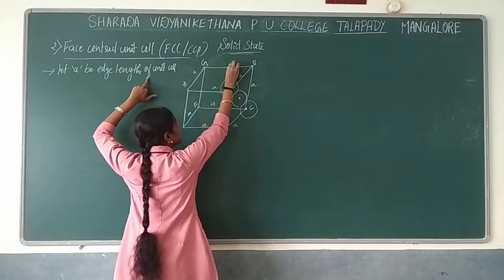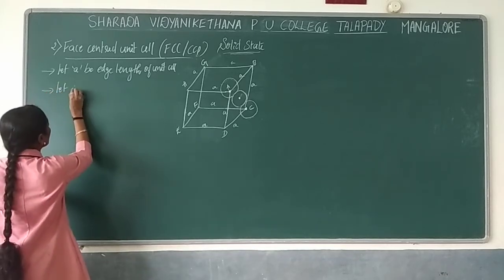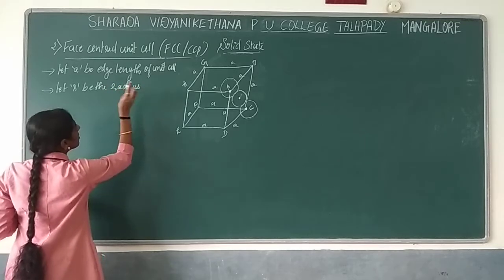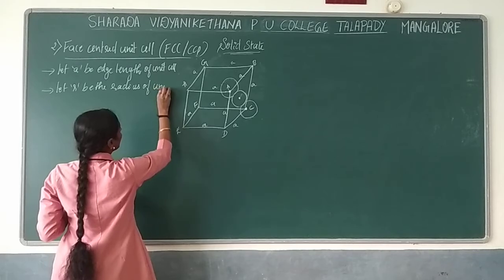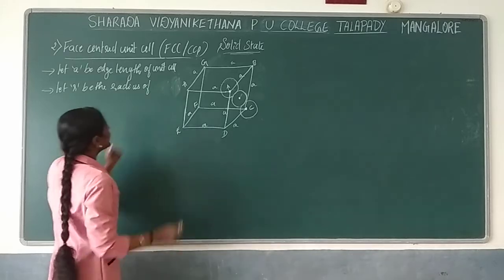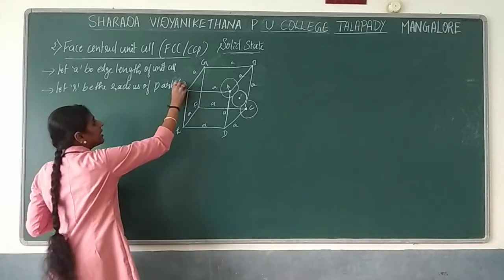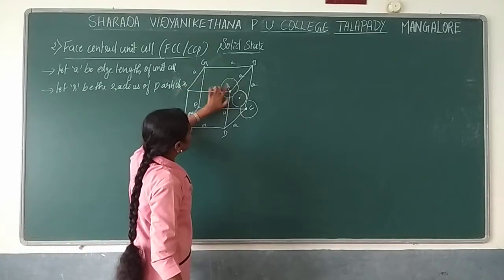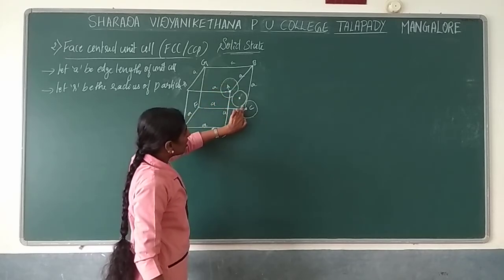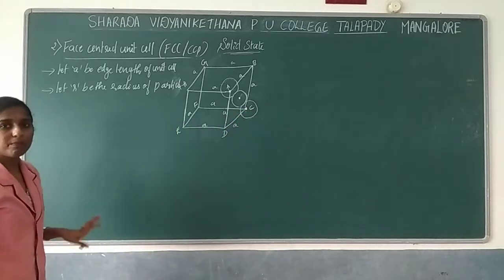Let r be the radius of a particle. A particle is nothing but your sphere, right? So whatever the distance from here to here, that is r, again here to here r, from here to here r, as well as here. So r is the radius of the particle, right?